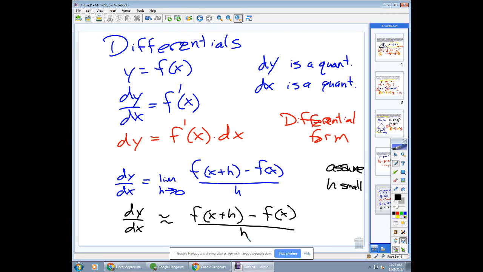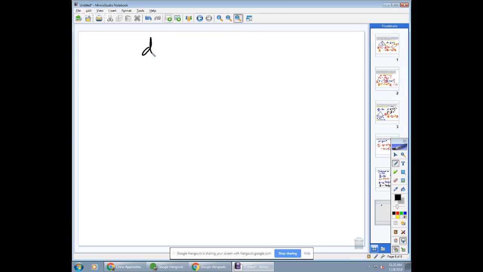And if it's small enough, then dx and h are essentially the same number. They're just little tiny quantities. So dy is approximately equal to f of x plus h minus f of x, if h is small enough. Otherwise, it's not close enough to approximate.